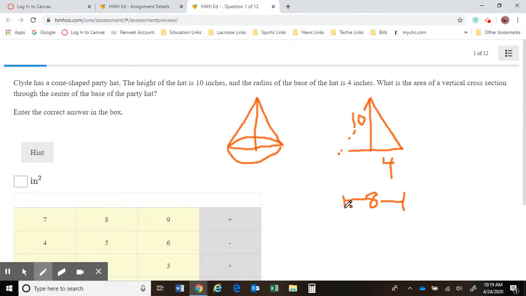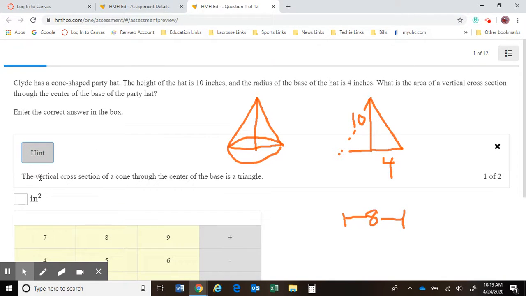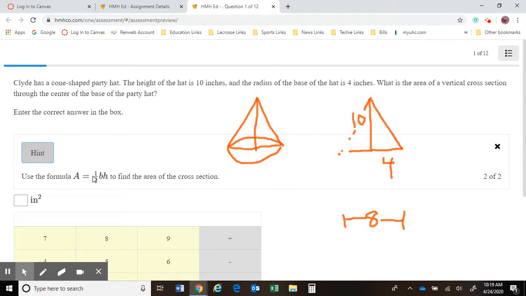Okay, so taking a look here, you're going to notice that vertical cross section of a cone is a triangle. So just what we drew here. And we should use the formula 1/2 base times height. Now you could have just multiplied 10 and 4 together and gotten the answer because they gave you the radius. So 10 and 4 is 40, or you could have gone 1/2 base times height.